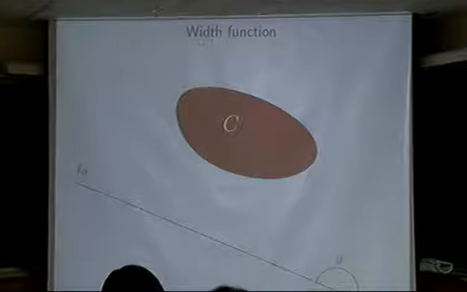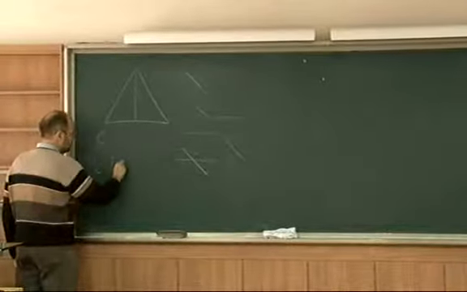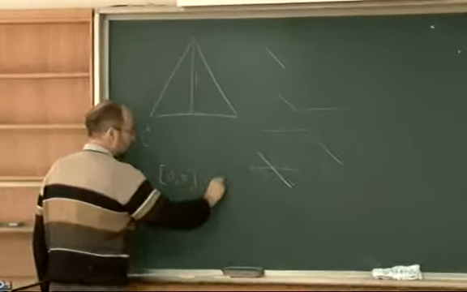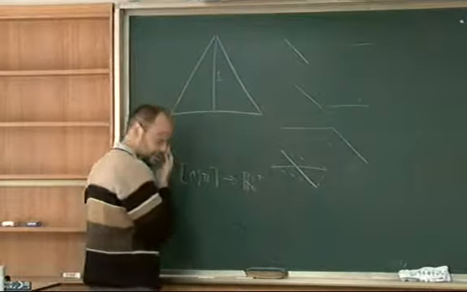So then the projection here is an interval, and I measure the length of this interval, and I call it the width of C in direction theta. Now this I do for every possible direction, right? So this would be the width in this direction here. And so now I get a function. So for a convex set C, I get this function W_C, which maps the interval 0 to pi to the non-negative reals.